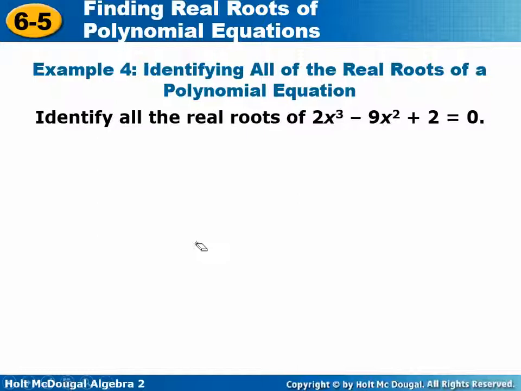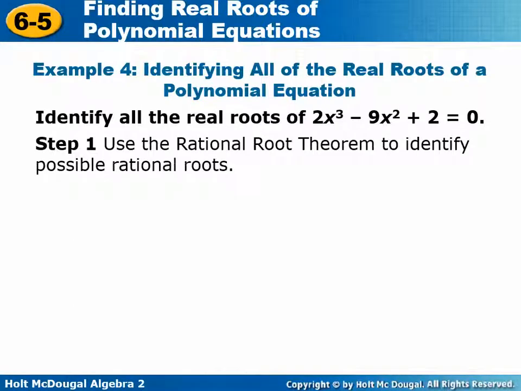So here's an example. And you won't have to do very many of these on the worksheet, but in 1 or 2. This says identify all the real roots of this expression. So we start by looking for greatest common factors, but there is not any. So I try to figure out what possible roots I can have. To do that, you take the possible factors of the constant, which is only 1 and 2.